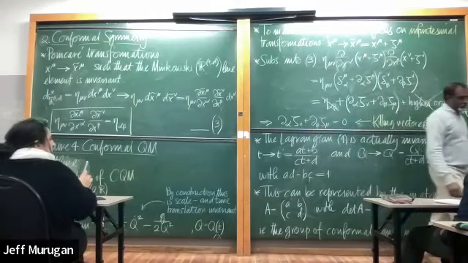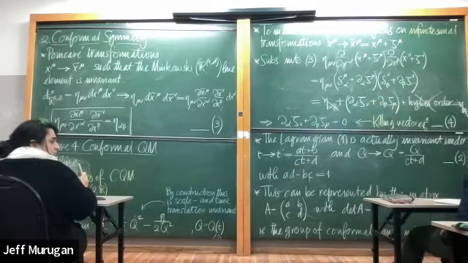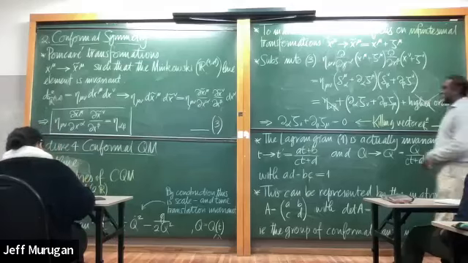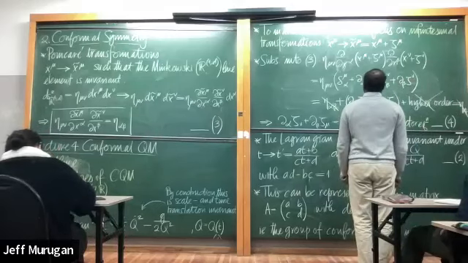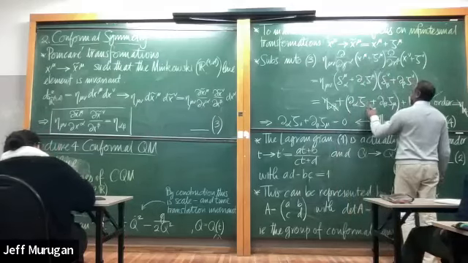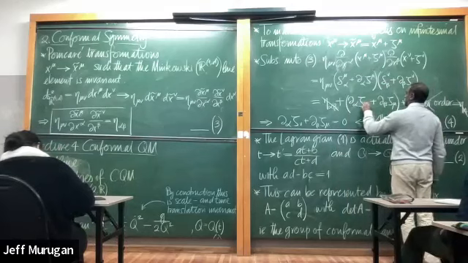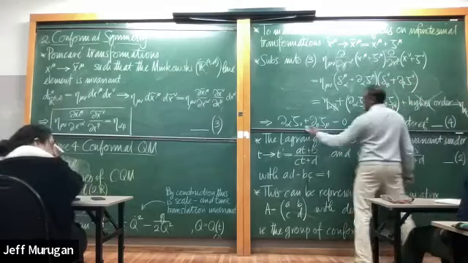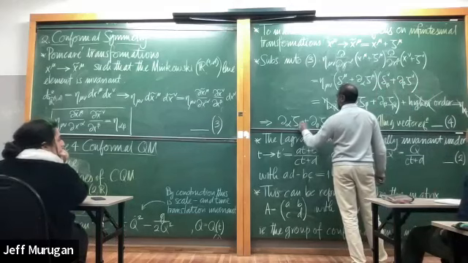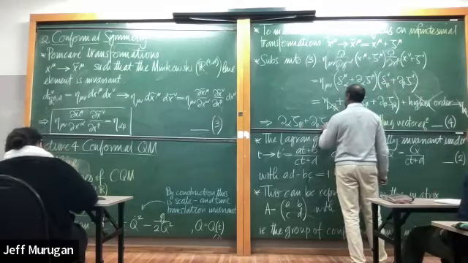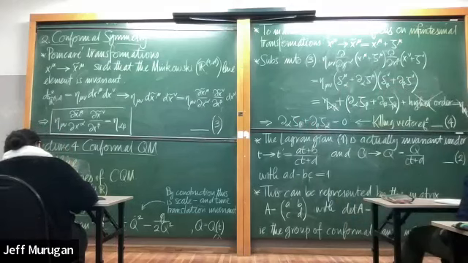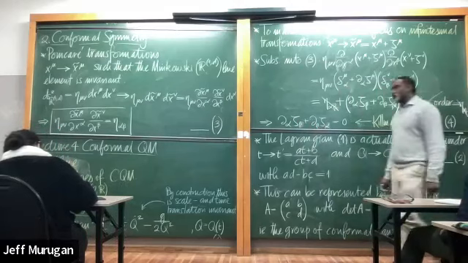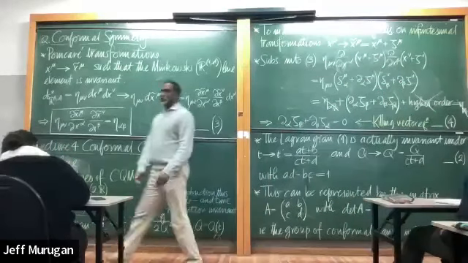I think the indices are wrong. It should be alpha beta plus beta alpha. Yes, that is correct. So this is the Killing vector equation, and it encodes the symmetries that we're talking about.